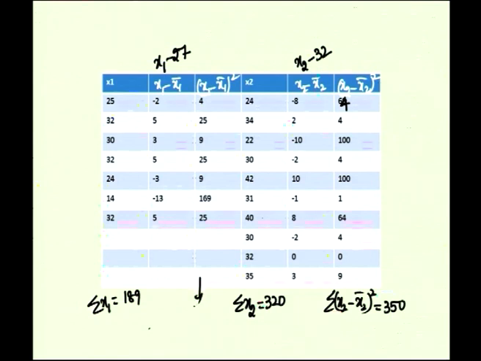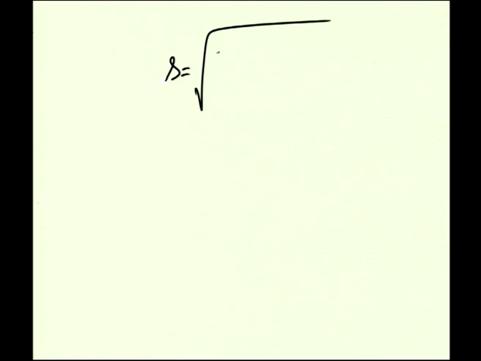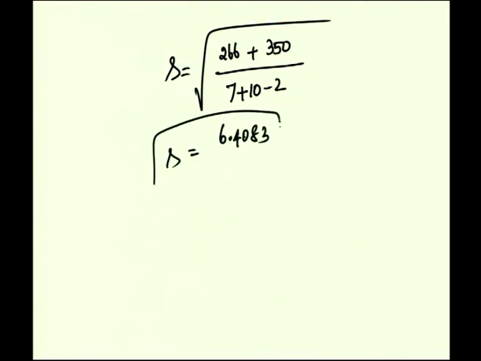Similarly, summation x1 minus x1 bar whole square is equal to 266. Now substitute all these values in S. Therefore, S is equal to root of 266 plus 350 divided by 7 plus 10 minus 2, which is equal to 6.4083. This is your S value.